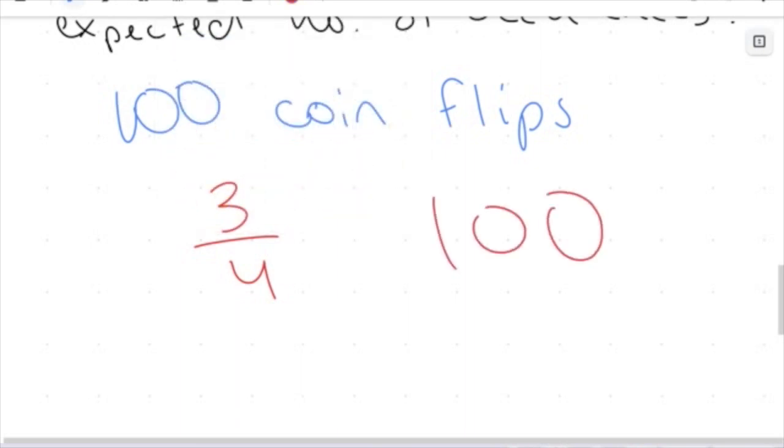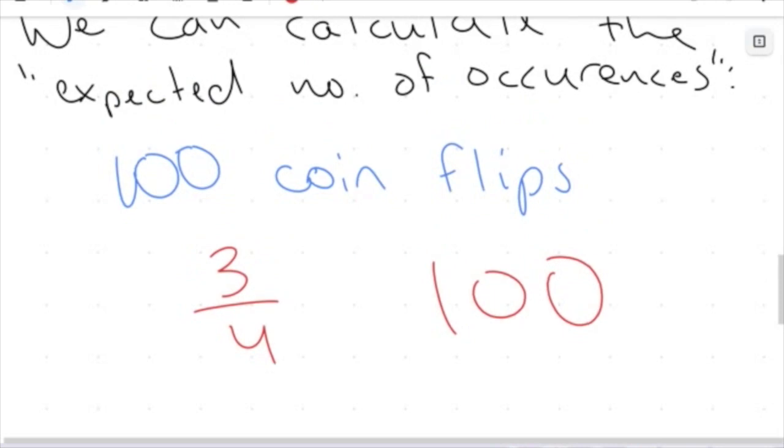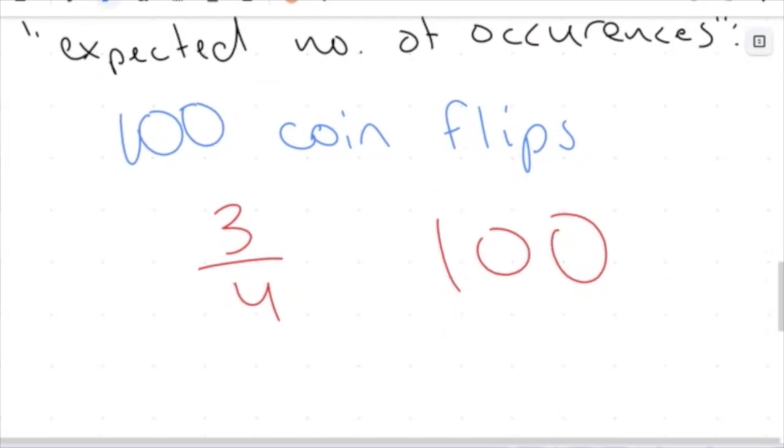So there's my 100 coin flips, and 3/4 of these is going to be, based on our experimental probability, the amount of times we would probably expect to see tails appear. So we want to find the expected number of occurrences of tails. I'm going to find, in essence, 3/4 of 100.